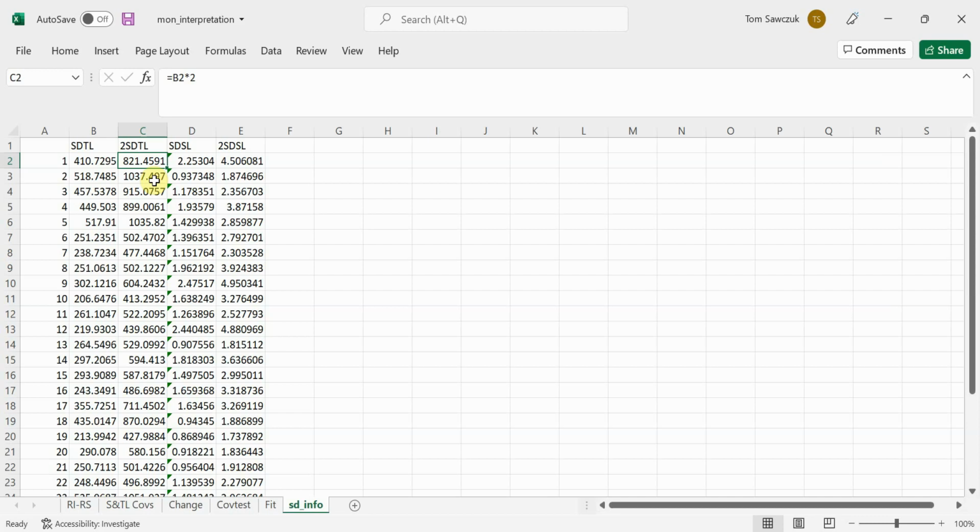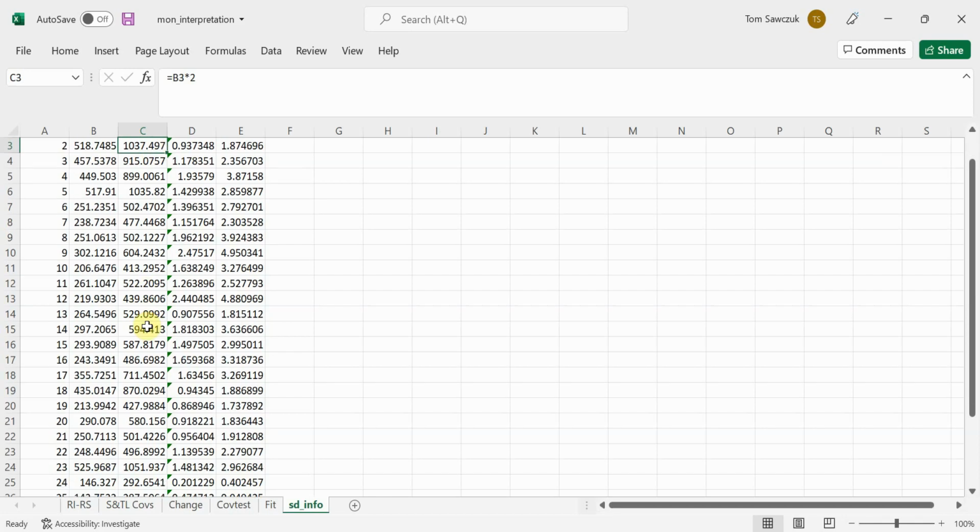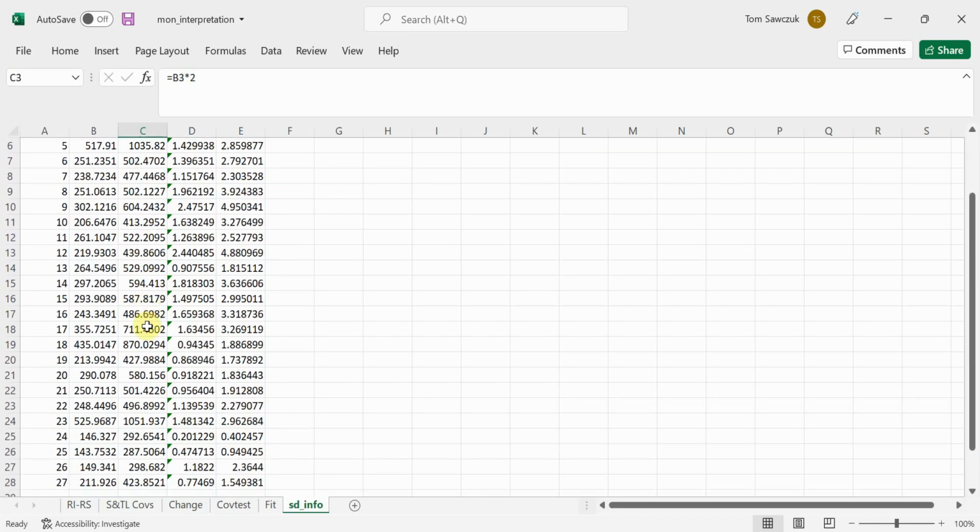So 1,037 greater than the mean in order to get a 3% difference in wellness, which is, to be honest, quite ridiculous. And you can see that for a lot of these athletes, these numbers are really quite high, whereas for some of them it's more reasonable.